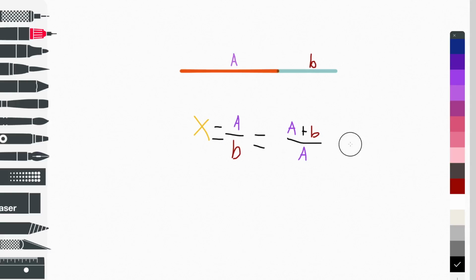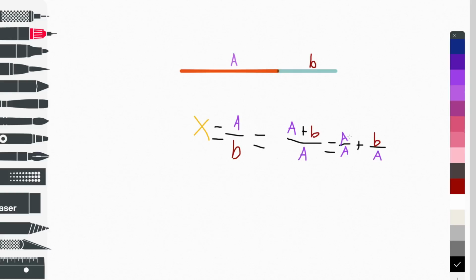You probably know that this is equal to A over A plus, and you probably know these two are equal. So all of this is a way of representing x.